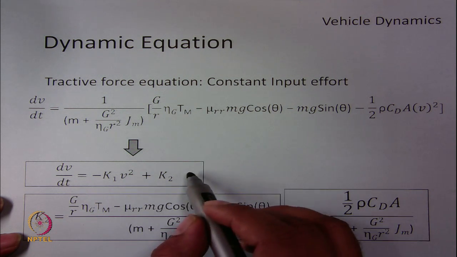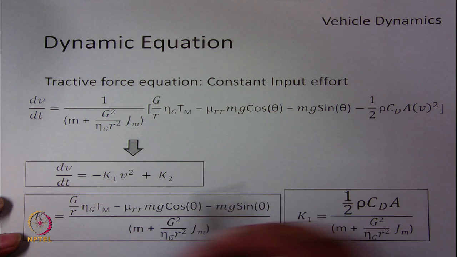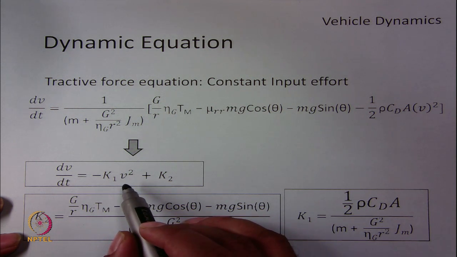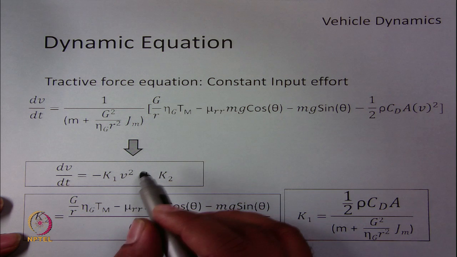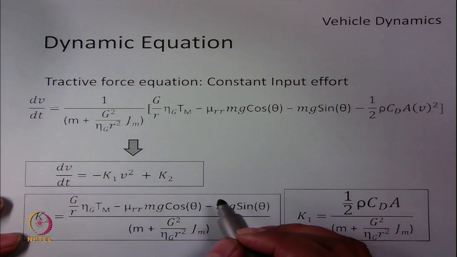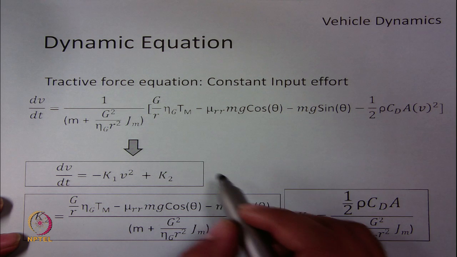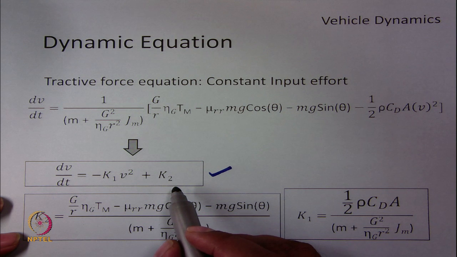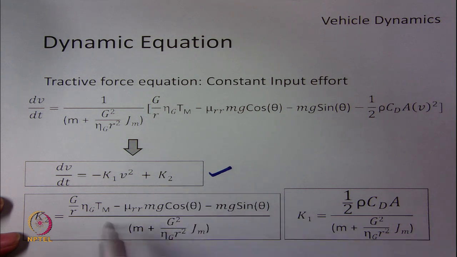So, k2 is all constant terms, plus this k1 is a function of this aerodynamic force equivalents. So, this is the equation. So, we can see the values of k1 and k2. So, k2 is basically the constant parameters, and k1 is this aerodynamic forces equivalent.